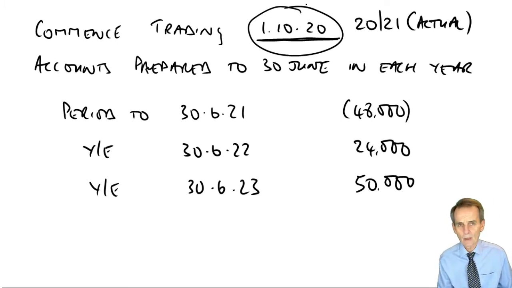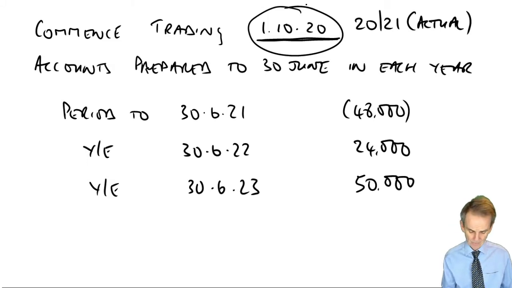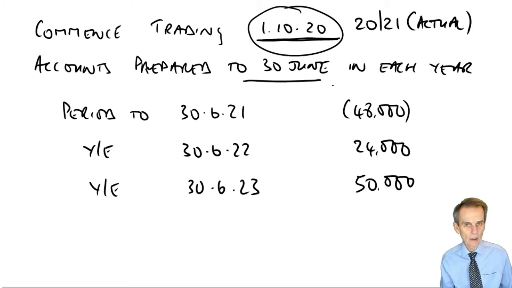Almost inevitably, to determine that assessment, we're going to have to apportion some period of profit, or now, as we'll see, some period of loss. So what have we got? The trader started to trade on the 1st of October 20, and is going to prepare accounts to the 30th of June in each year.